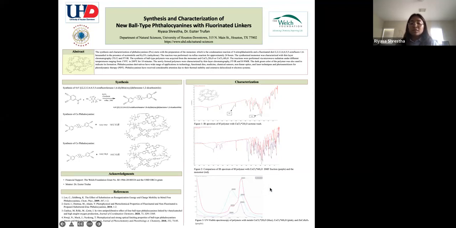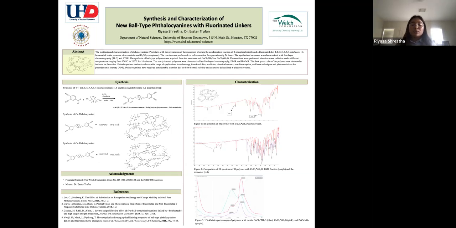UV-Vis is also used to see how pure our ball-type phthalocyanine is. We know the location is the same because of the general structure; it's just because of the metals that there is a slight shift in our graph.